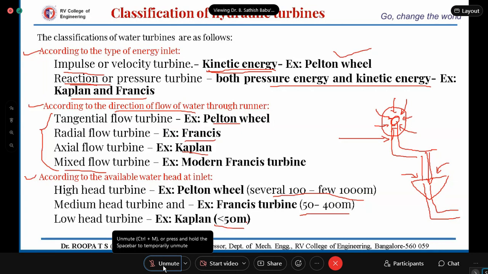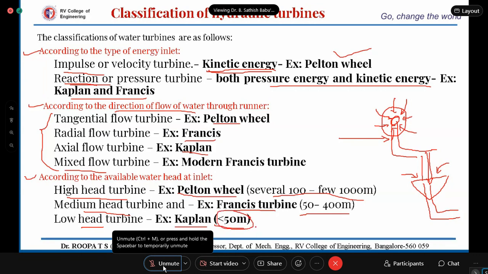So it is not a fixed value, it keeps on varying. If it is stored at a very high height, then I say it is a high head turbine, and Pelton wheel is an example. If it is stored at medium height, then it is medium head, and we say it is a Francis turbine. Low head means it is a Kaplan turbine, and the head height goes less than 50 meters.